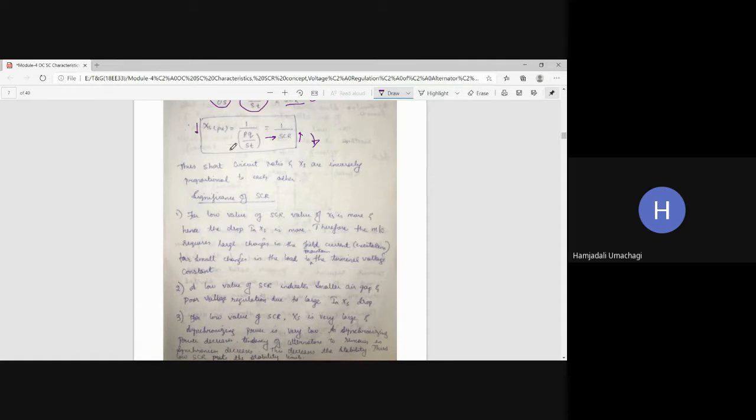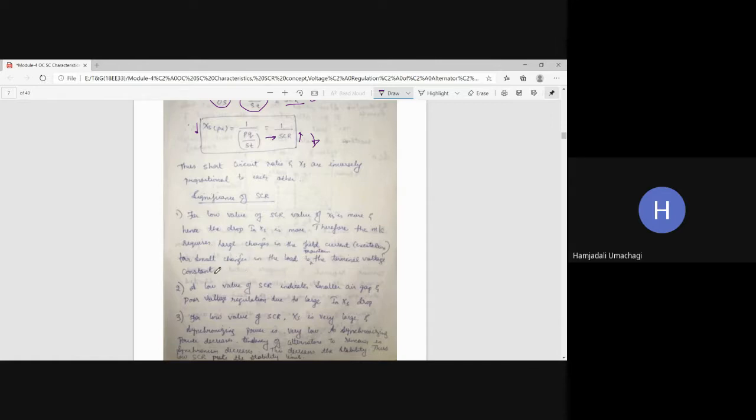So for low value of SCR, Xs is more and hence the drop Ia Xs is also more. Therefore, the machine requires large field current, or large excitation, for small changes in the load to maintain the terminal voltage constant.